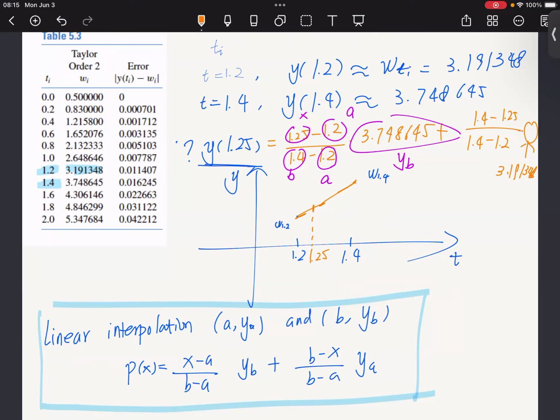You can approximate the values in any subinterval by using linear interpolation here.